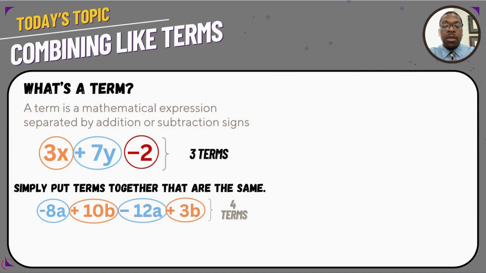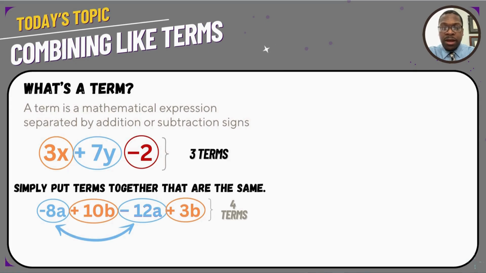What we want to do at this step is put things together that are the same. Do they match the ending variables? In this case, we have negative 8a and negative 12a. Well, they both have an a at the end, so they are the same. They're part of the same group. We can combine them. So we'll look at the numbers.